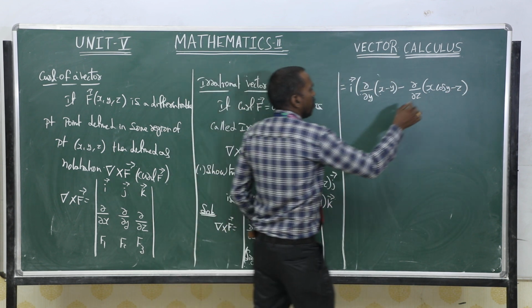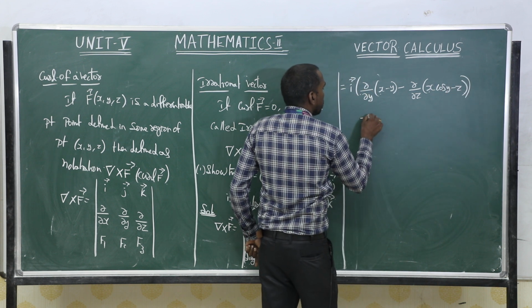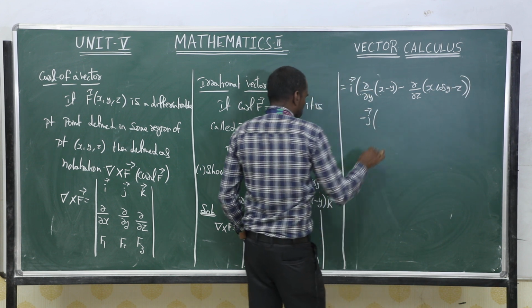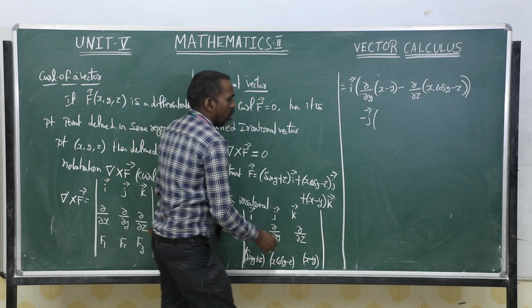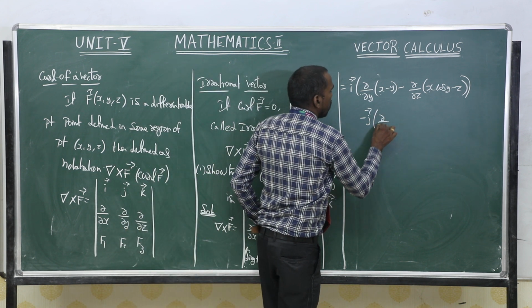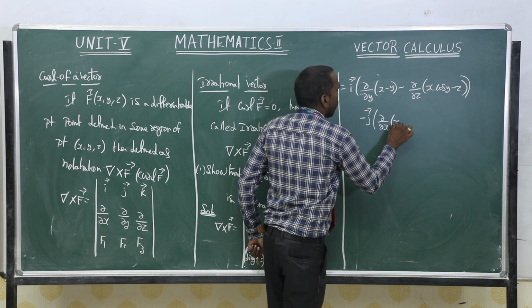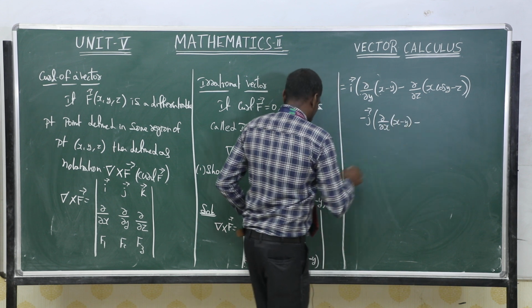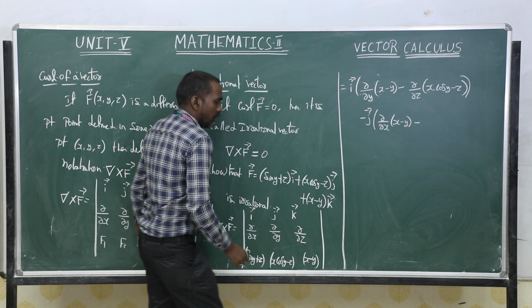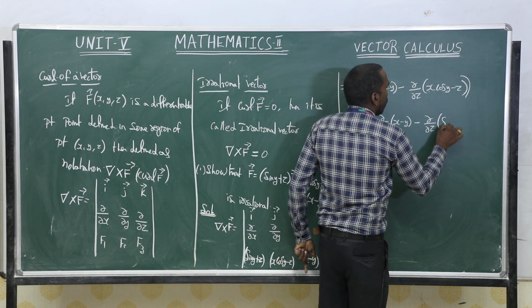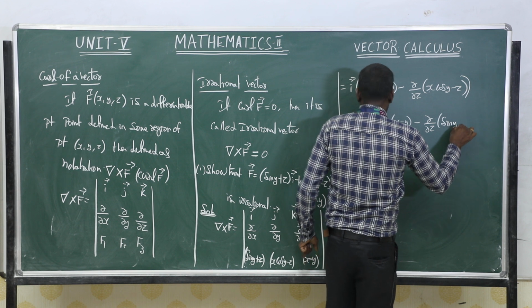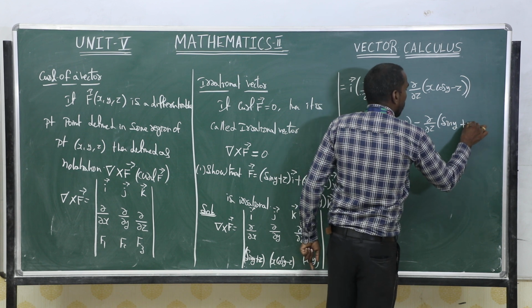Next, minus j vector of, leaving this row and this column, dou by dou x of x minus y minus dou by dou z of sin y plus z.